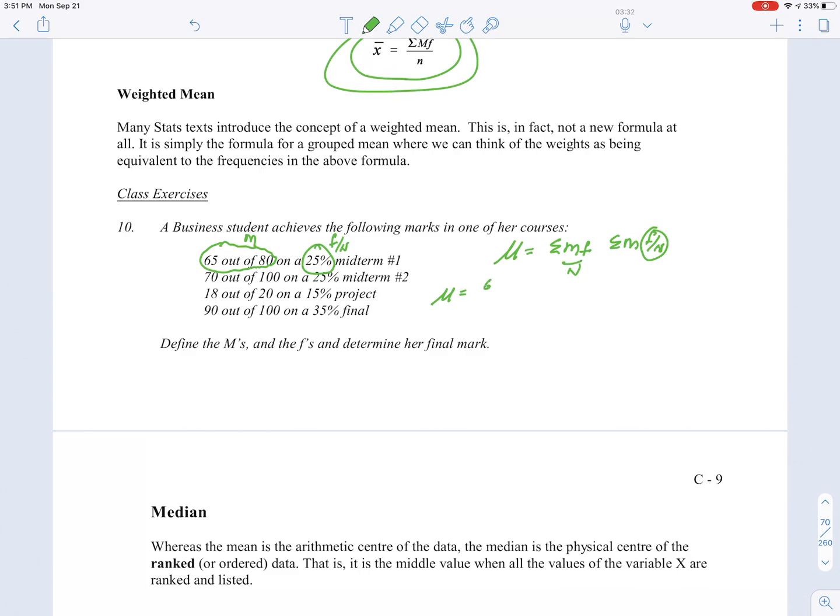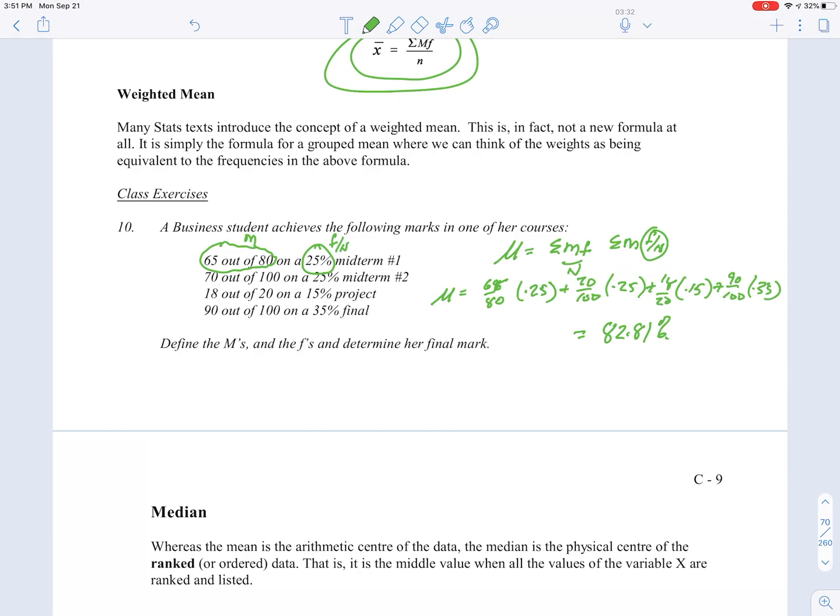So we would go like this. The mean is equal to 65 out of 80 times the relative frequency, which is 25%, plus 70 over 100 times 0.25, plus 18 out of 20 times a weighting of 15%, and then plus 90 over 100 times 35%, and that comes out to be 82.81%.